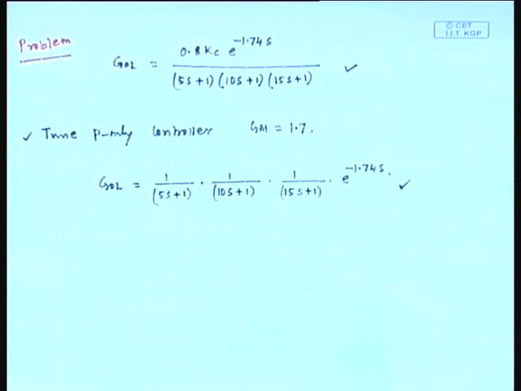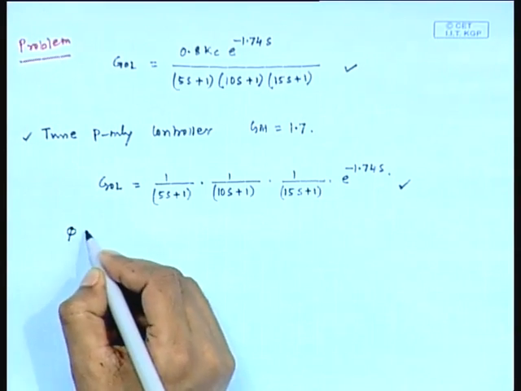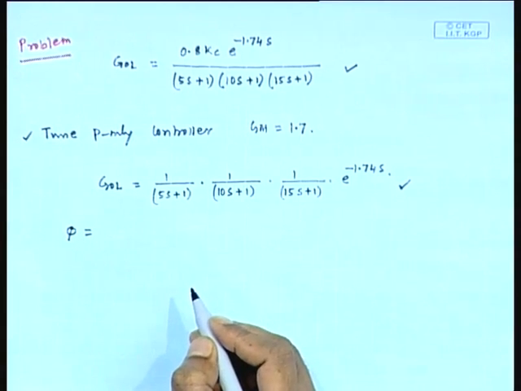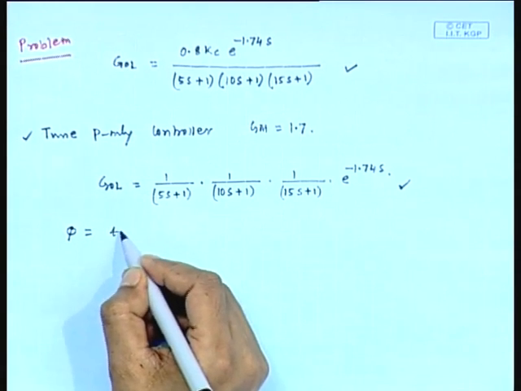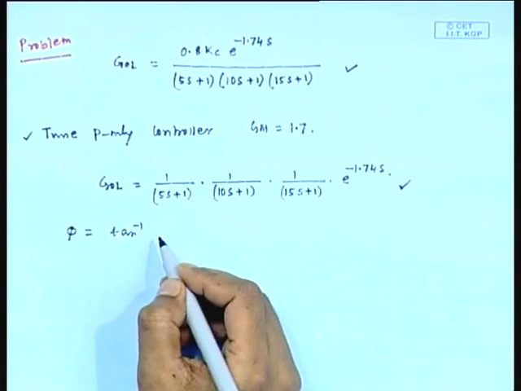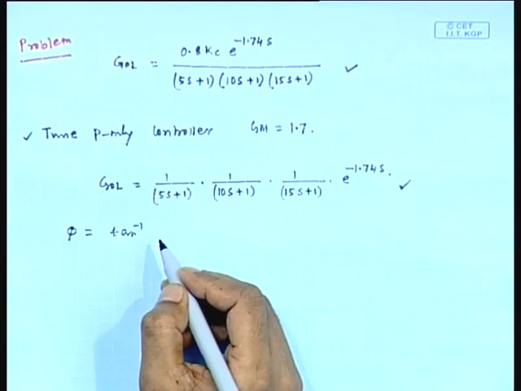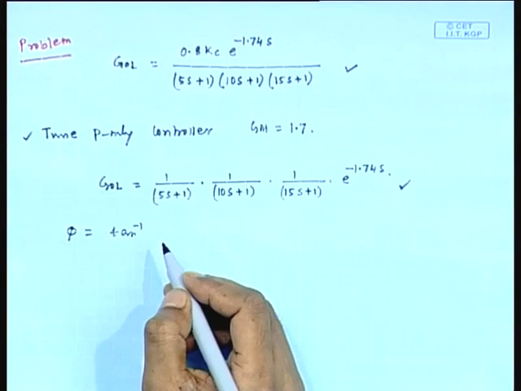Now, in the first step we need to calculate the crossover frequency. For finding the crossover frequency we need to write the expression for phi and consider phi equals minus 180 degrees. So, what will be the expression for phi? Tan inverse of minus tau p omega is the expression for phi for a first order system.